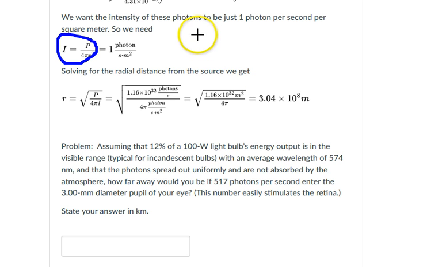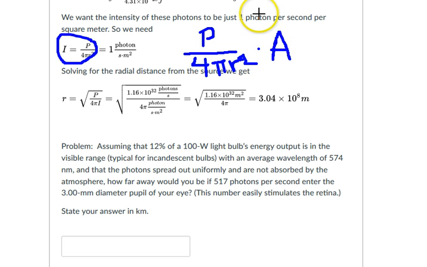So the power entering the eye is the power that you're going to calculate from above in photons per second, over 4 pi r squared, times the area of the pupil.